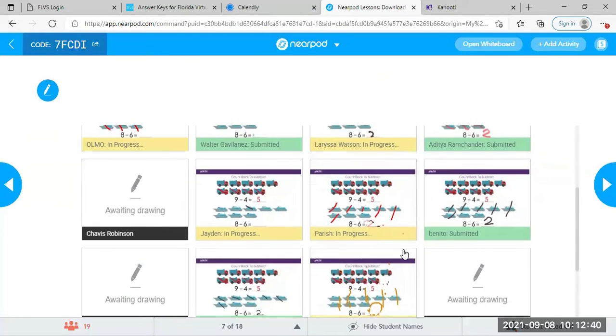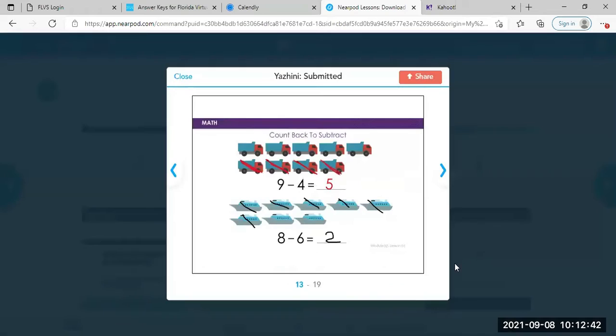Let's look at Yalini's. She followed the directions. It said take 8 boats and cross out 6 of them and write how many are left. And you did it. Nice job.